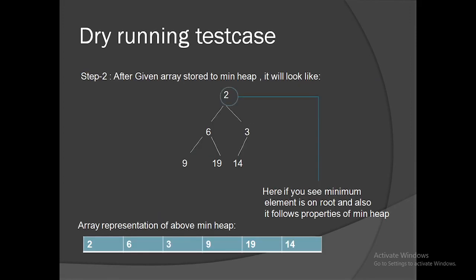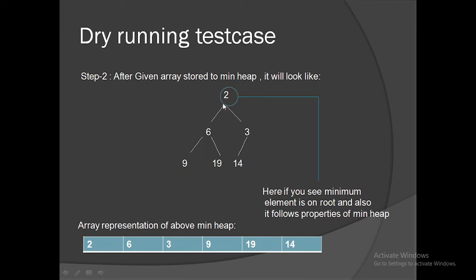Now step 2. In step 2, we store the given array into a min heap and heapify it so that it can maintain the property of the min heap. After storing the array elements into this min heap, it will look like this: 2, 6, 3, 9, 19 and 14.